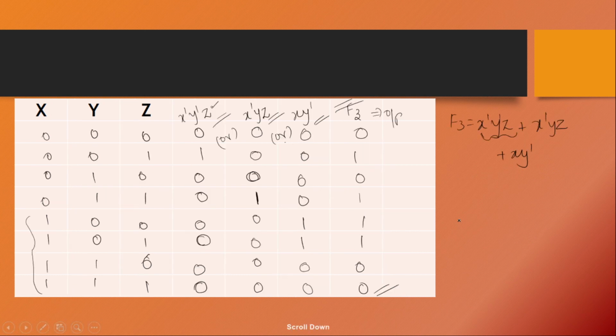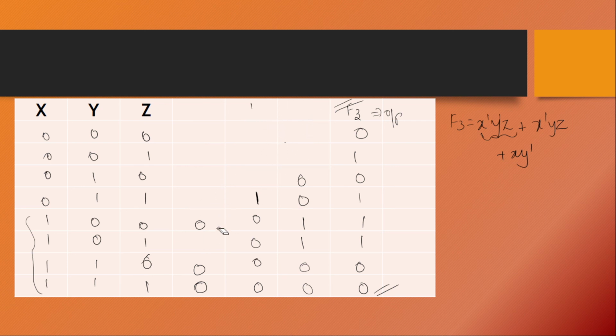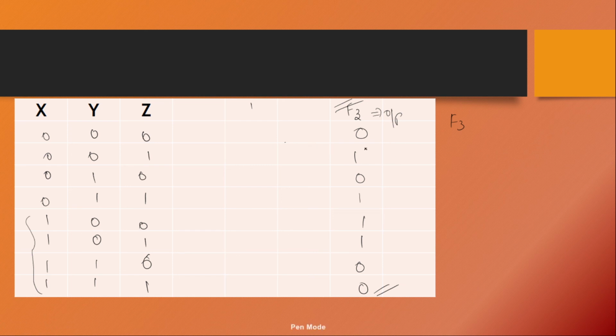Maybe we can take another example. Let's say that this is the function given to you. Let me erase this so that it doesn't confuse us. Let's say this is the function given to us, and they're asking us to find out what f3 is. Initially we mark the ones inside the output column. Then we take the corresponding row values. So row value 001.